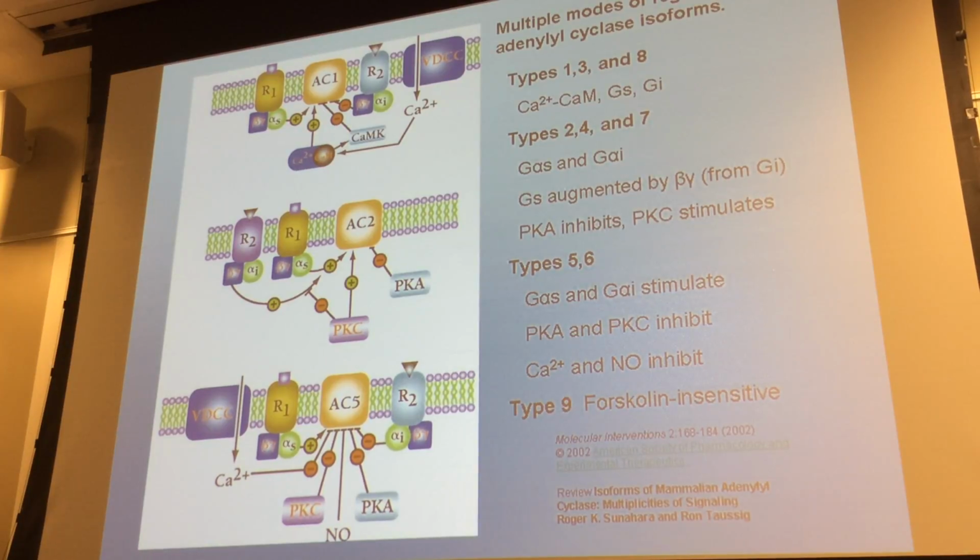However, when you combine the two together, there's a significant increase, and you add in the HU or the WIN, which is like an agonist. There's an increase, but not as much as when you just have the ionomycin and the forskolin alone.